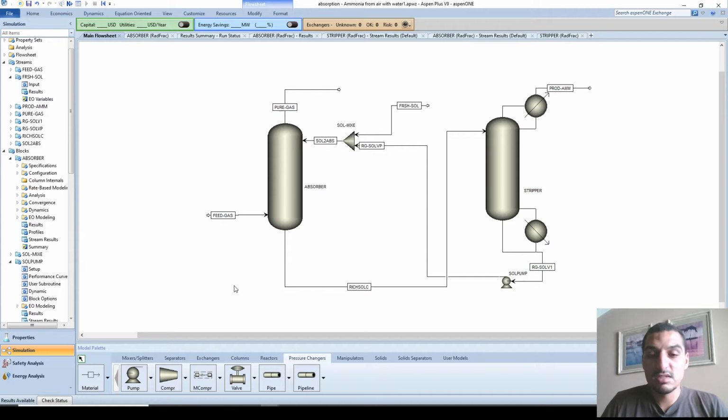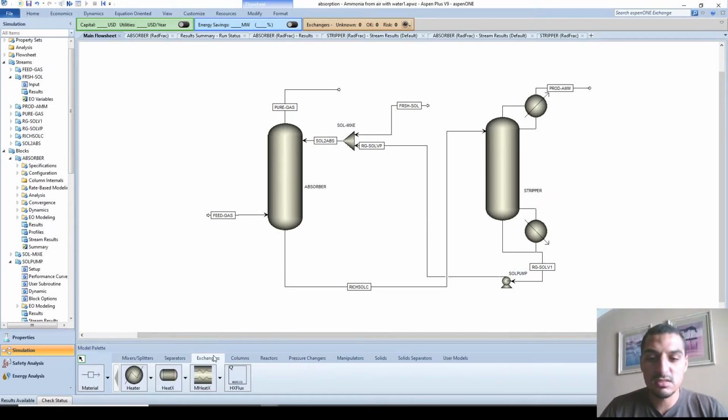So this is a very critical and important point. In a case like this, the problem is not in the column; it's in the temperature of the stream. So the solution is to put a heat exchanger, which might not be something that jumps into your mind directly.